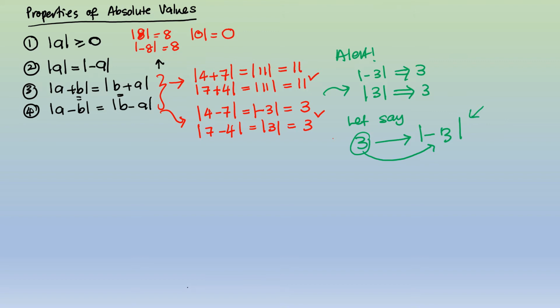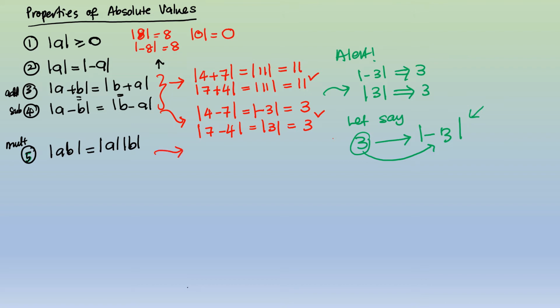So next we look at property number 5. What do we have? Because we have add, we have subtract, of course we will have multiply. Our multiplication is modulus AB. You multiply both of it, it is equal to multiplying them one by one. Do you want an example here?